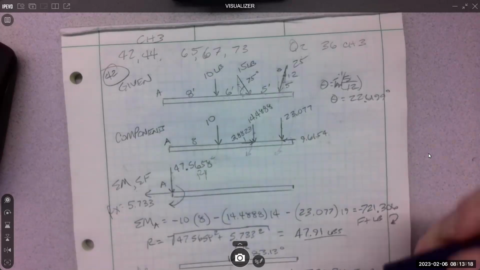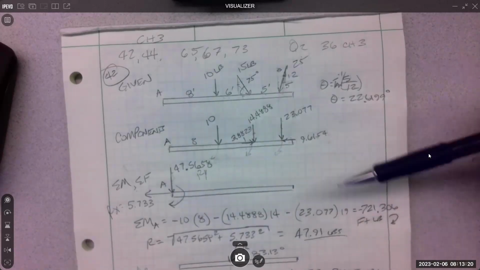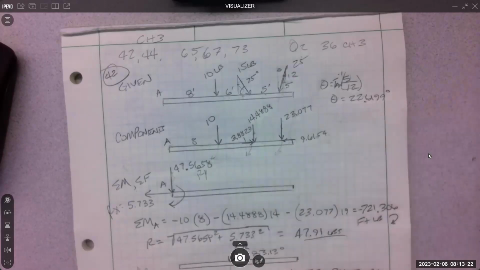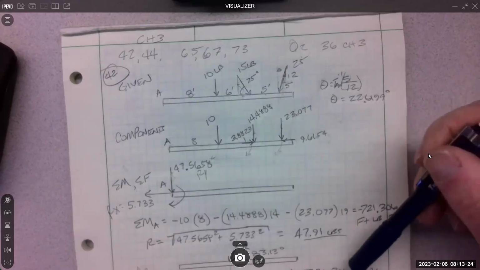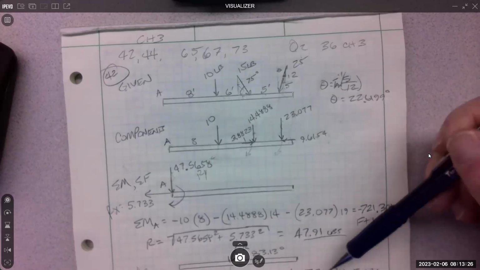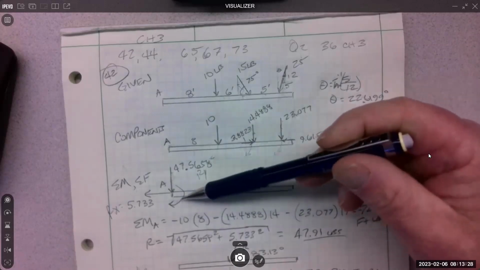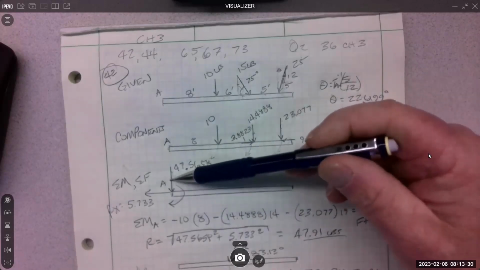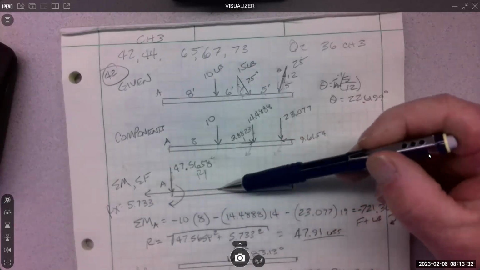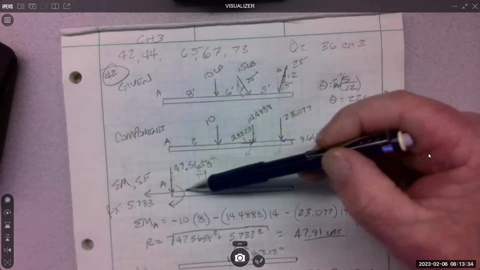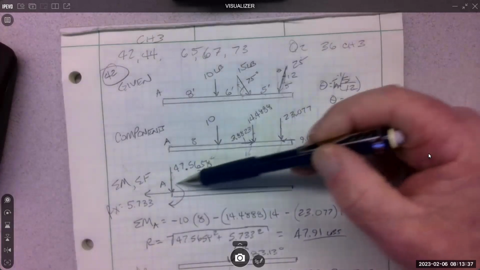So this is a tricky part that we did right at the end of the last class. We know we're going to divide the moment by a force. So you want to take that moment and divide it by the Y force, because the X force does not contribute to the moment, it goes right along the X axis.